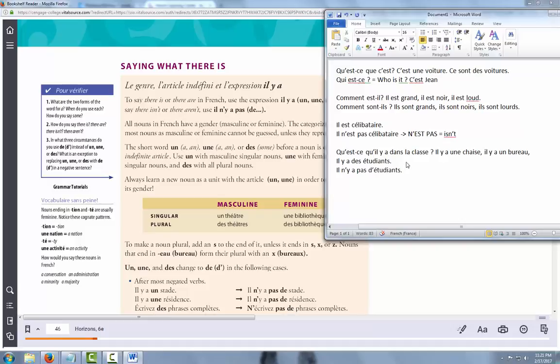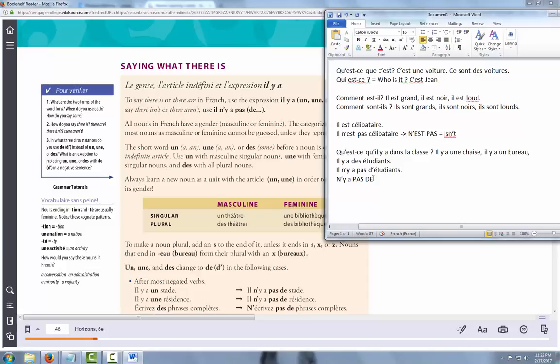There are no students. So you see that you have your ne in front of the y, and because it's followed by a y, which is considered a vowel in French, you're gonna have to take out the e and put an apostrophe. N'y a, and then you have your pas. And so in the positive form, there are some, you use des, it becomes pas de.